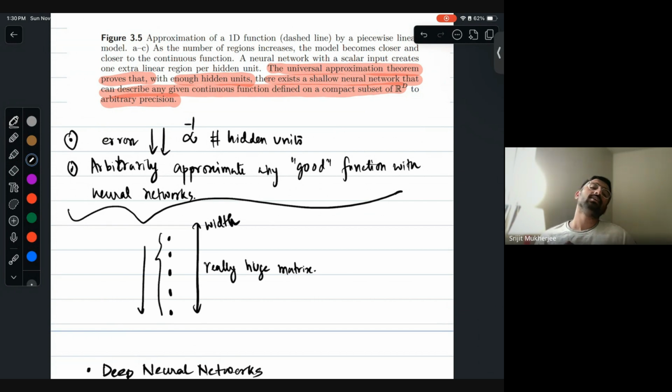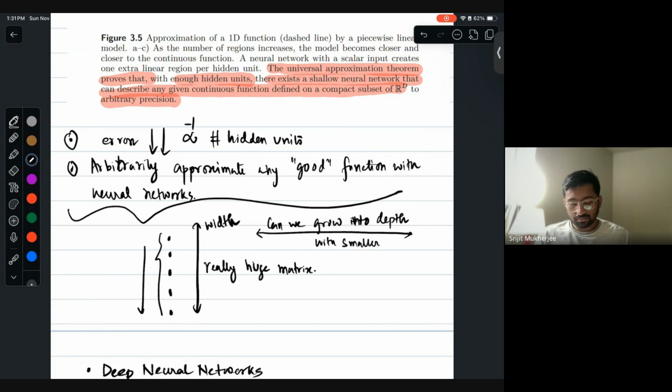Now the next part is, instead of growing in the width, they ask: can we grow into depth with smaller matrices?